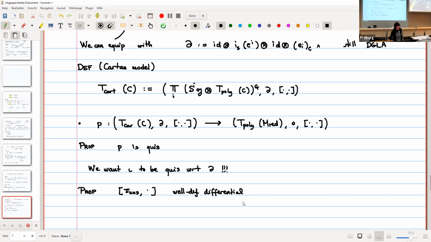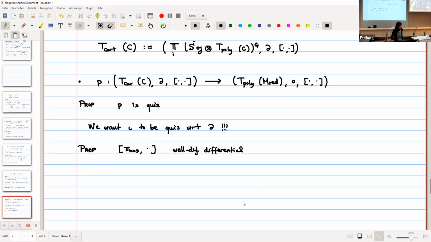And now, it makes the canonical inclusion become a quasi-isomorphism of DGLAs. Let me write it. So I have now, again, the Cartan model with the non-trivial differential, usual bracket.